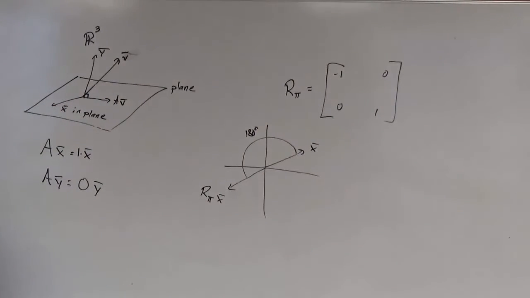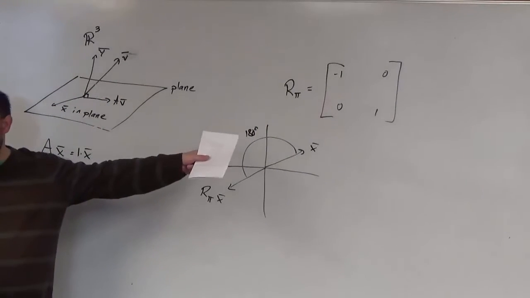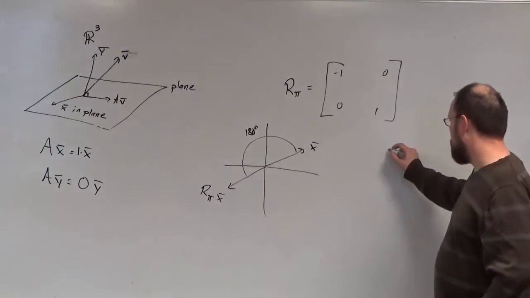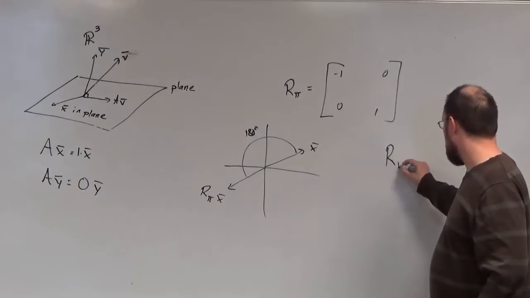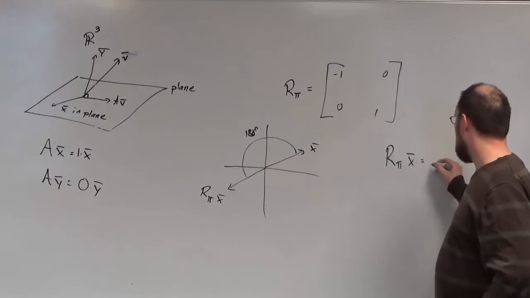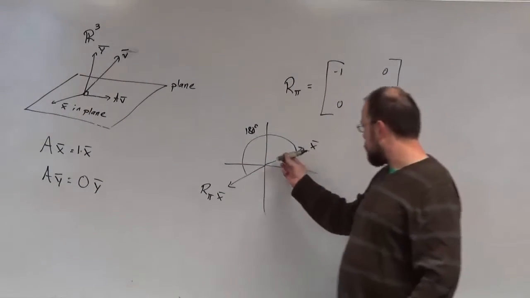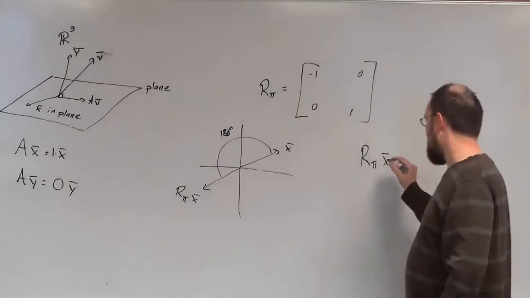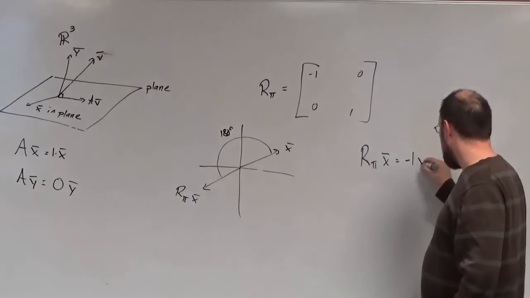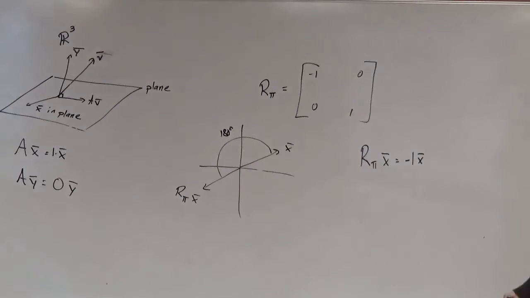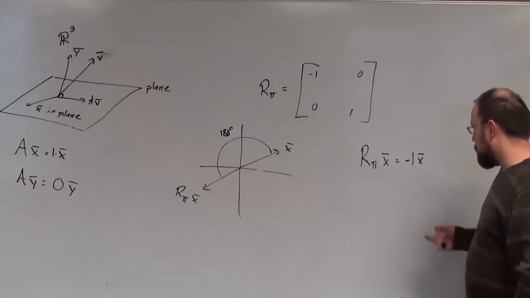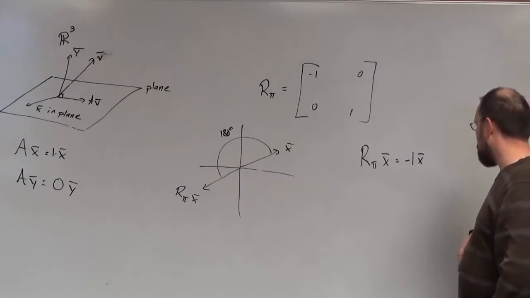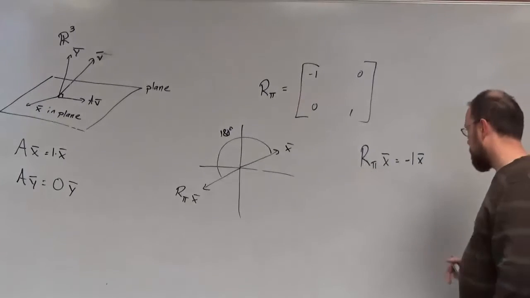What would the eigenvalue for this matrix be? If you rotate the vector x by 180 degrees, what do you get? Well, you get a vector that has the same length, but it's pointing the opposite direction, right? So it's just the negative of the original. So geometrically, we can see that -1 is an eigenvalue for this rotation matrix.